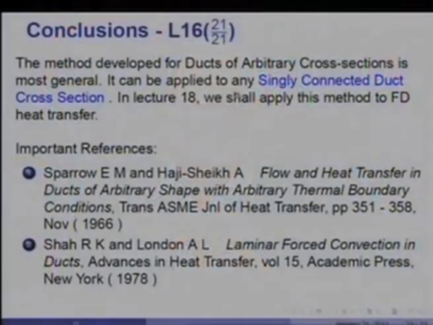So, once that is done, for each different type of duct, all you need to do is to give coordinates of the duct boundaries. The only constraint, of course, is that the duct that you choose must have a singly connected cross section.